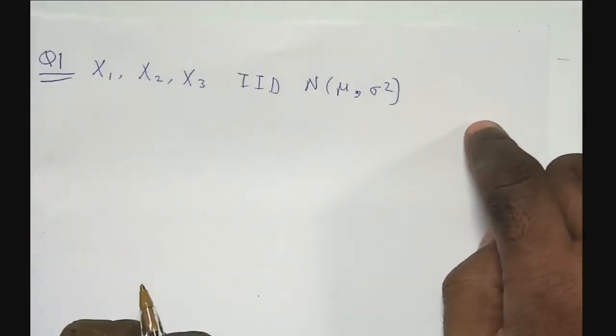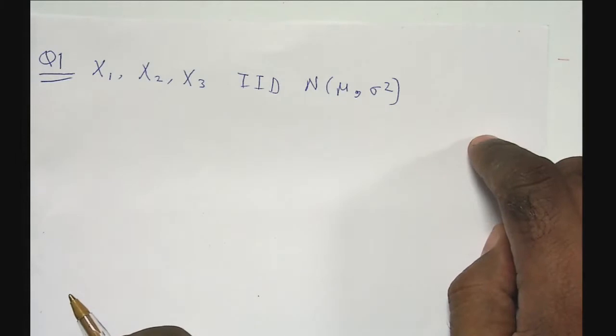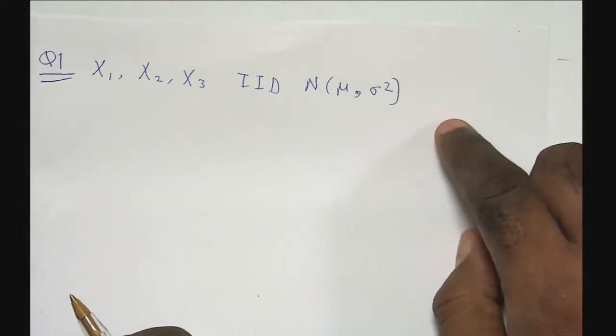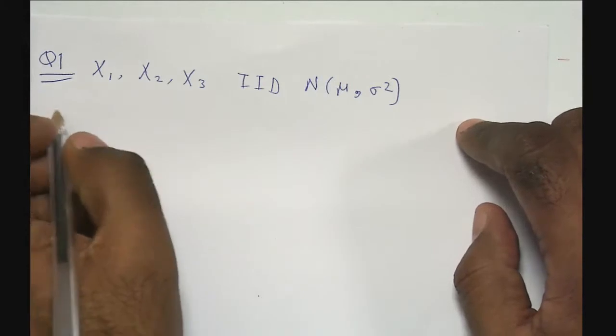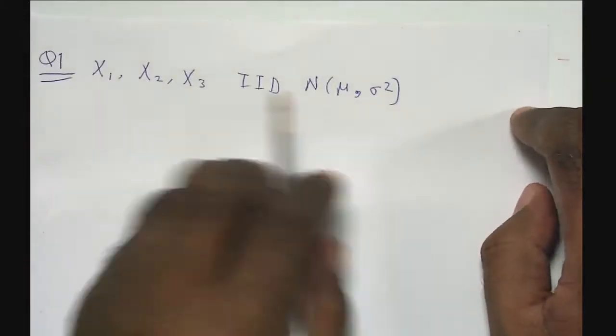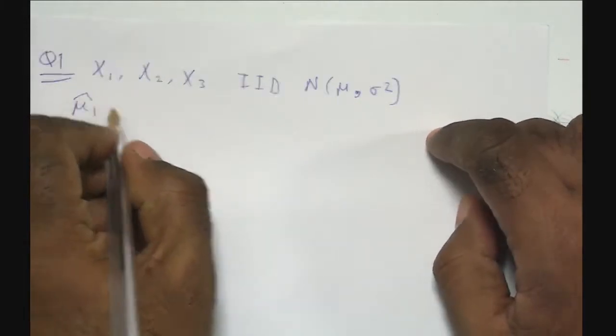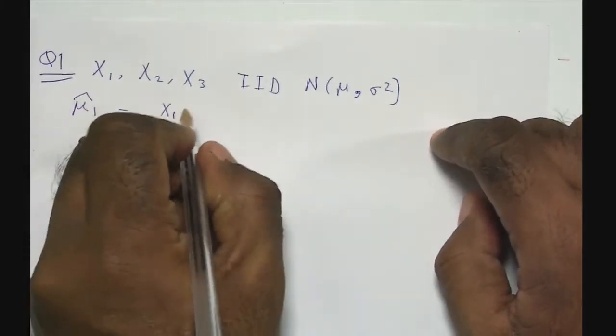Alright guys, if you haven't done question 1, I know most of you have done question 1 already, so let me do this if you haven't done it. Now you've got three IID observations from a normal distribution with these parameters, and you have two possible estimators for mu.